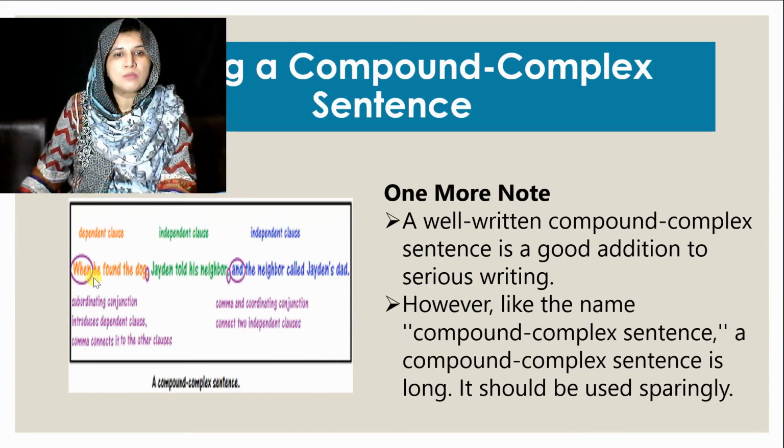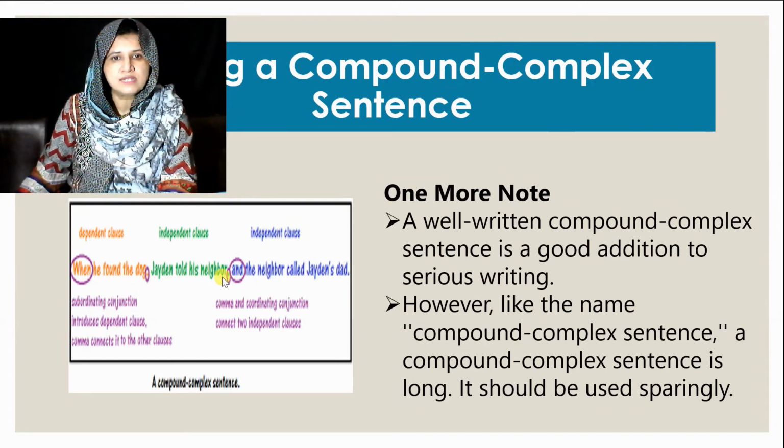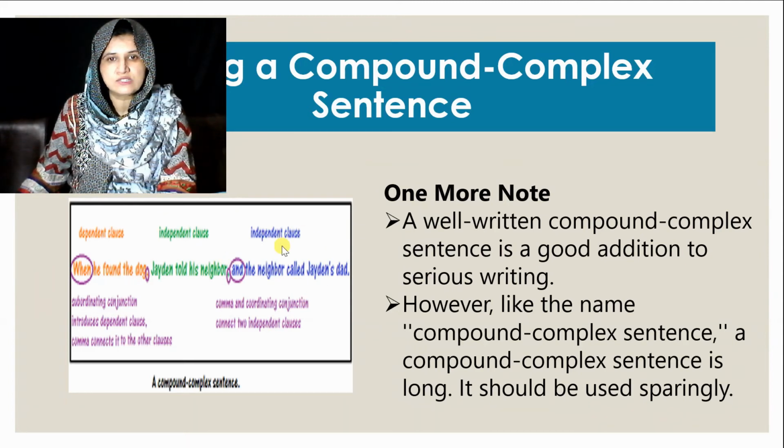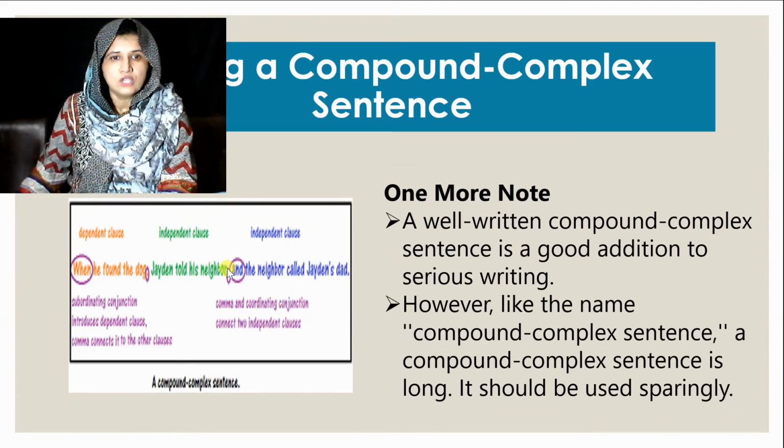Like we have one more example of a compound complex sentence. When he found the dog, comma, Jaden told his neighbors, comma, and the neighbor called Jaden's dad. So you can see here this one is a dependent clause, and this green font is again showing an independent clause, and this is one more independent clause.